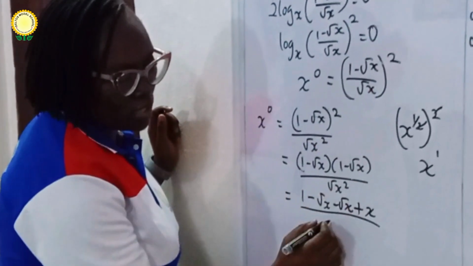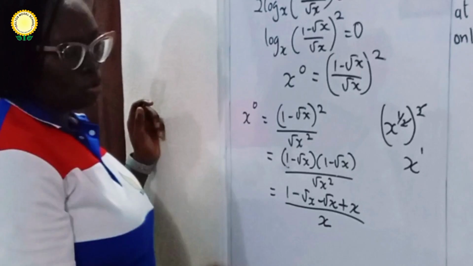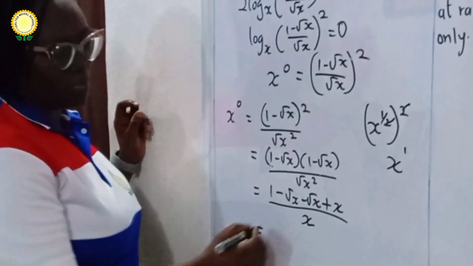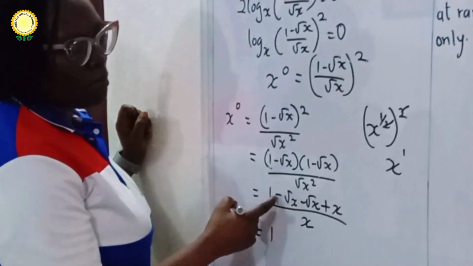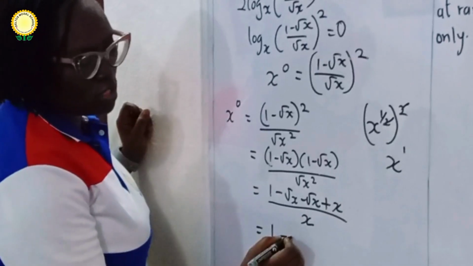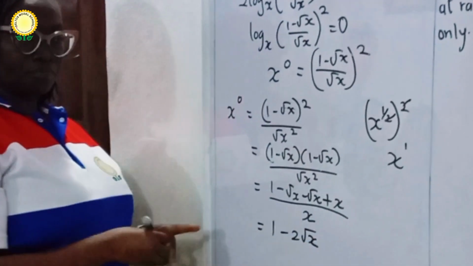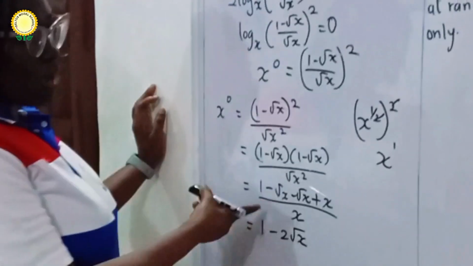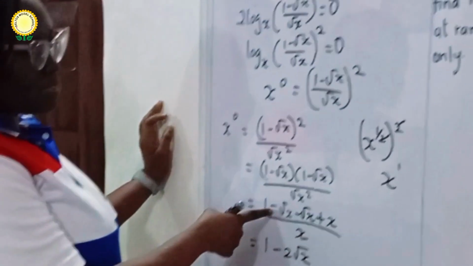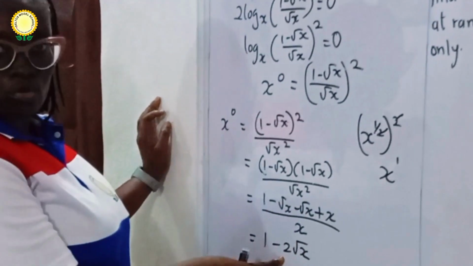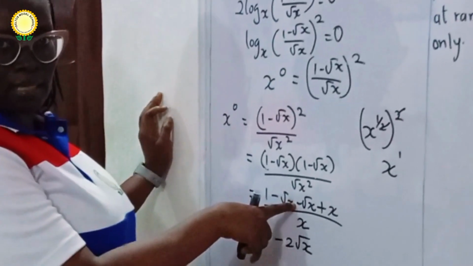Square root of x squared will give you x raised to power 1, which is x. Let's simplify that. We have 1 minus root x minus root x, which gives minus 2 root x. When you are adding these two together, that's minus 1 minus 1, which gives you minus 2. We are not multiplying here.